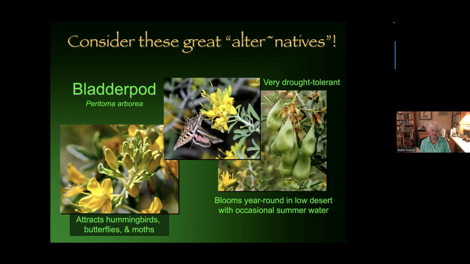This is actually in the same family as capers, and the little unopened flower buds you see there, like in the left-hand picture, you can actually make desert capers out of them by pickling them. And it's called bladderpod because of the big bladder-like fruits on them. When those fruits are very small and they're still flexible and the seed inside is still very soft, then you can saute them.